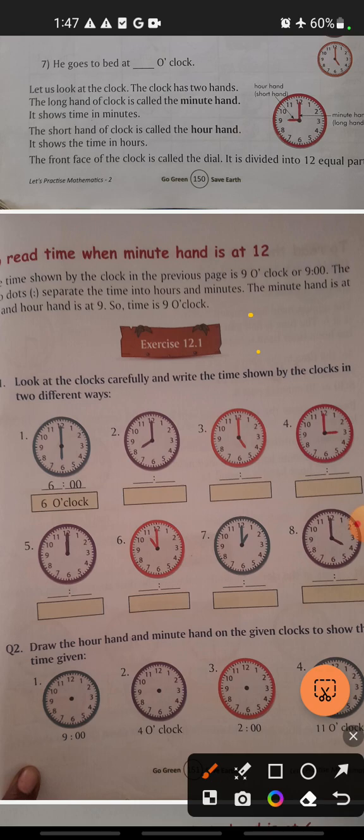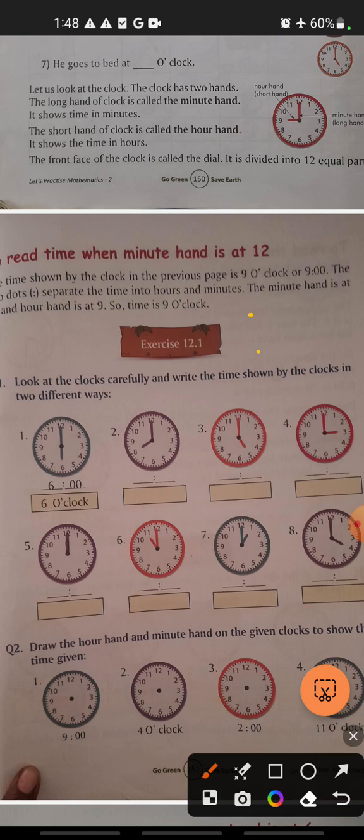First one, in this clock the time shows 6 o'clock. Our minute hand is at 12 and our short hand is at 6. So this clock shows 6 o'clock.